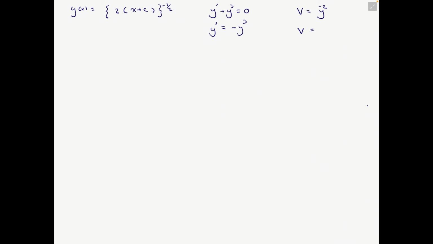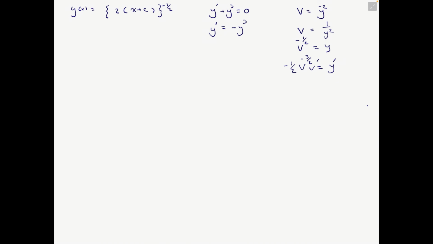So v equals 1 over y squared. So v to the minus 1/2 is equal to y. And minus 1/2 v to the minus 3/2 v prime is y prime.